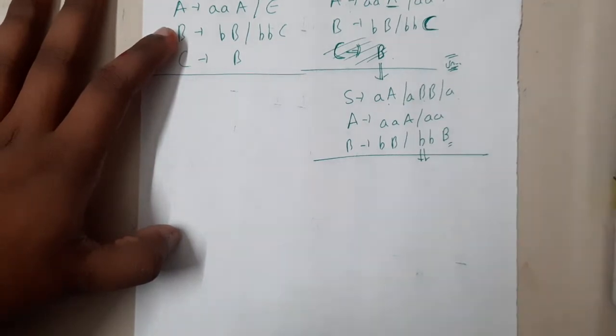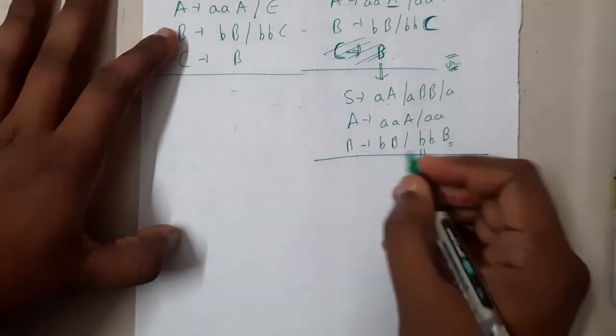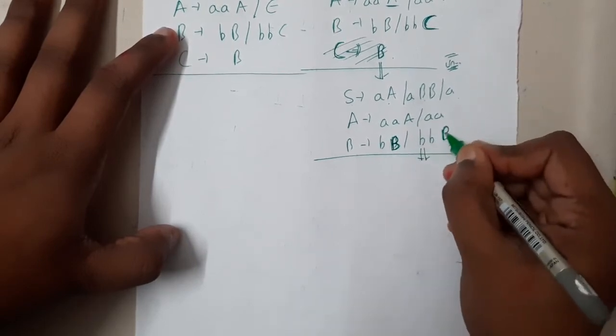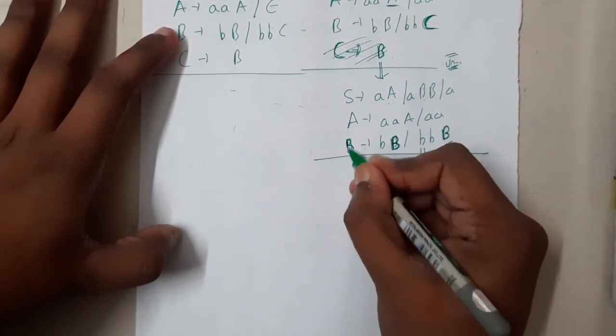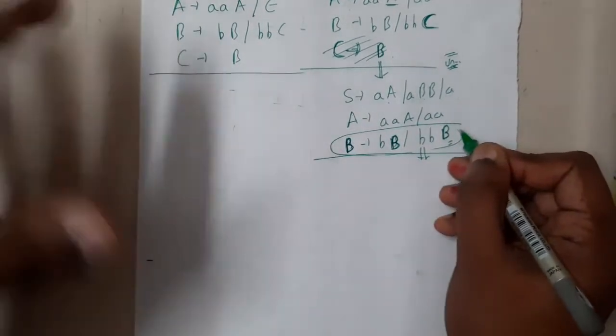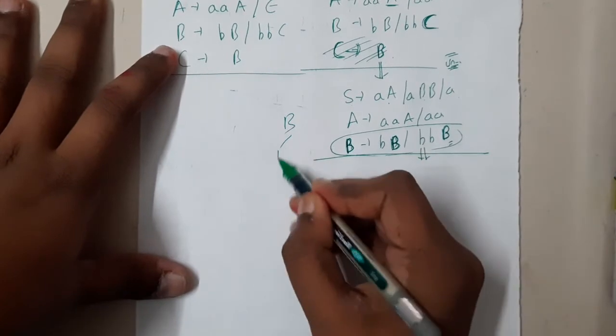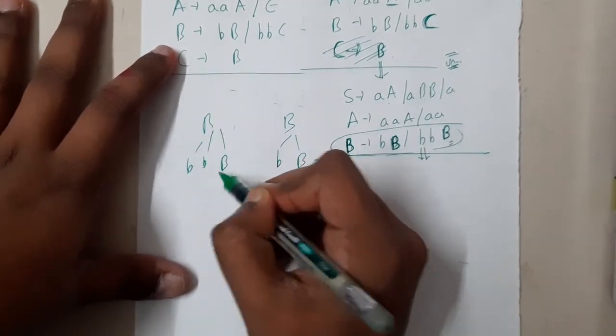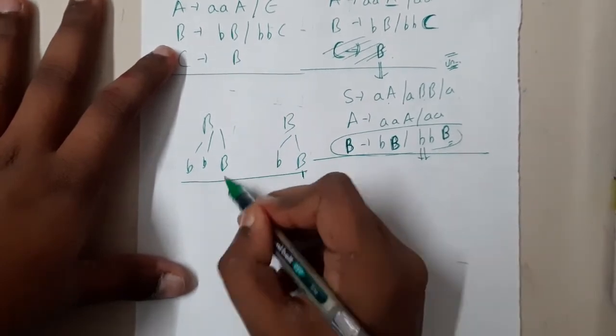One more thing with respect to this, so please concentrate here, guys. If you observe this particular thing, this B is a type of useless thing. Because if you enter B, you might go to capital B, or you might go to small b capital B, but you are never going to end it.